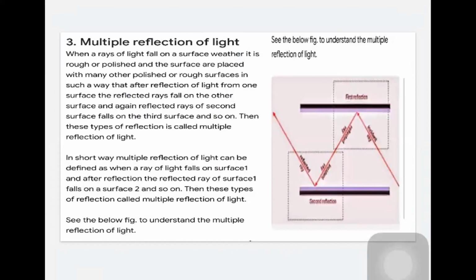Then the third type of reflection that we saw was multiple reflection of light. Definitely with the help of two mirrors, we are able to achieve multiple reflection. We have some beautiful examples of multiple reflection, which we will see in the next lecture.